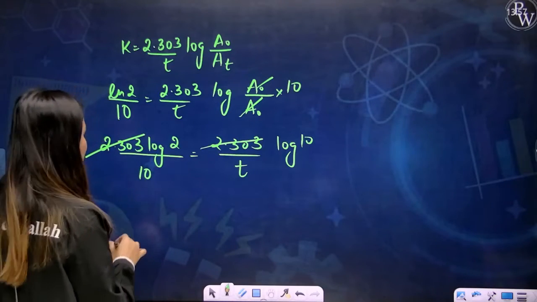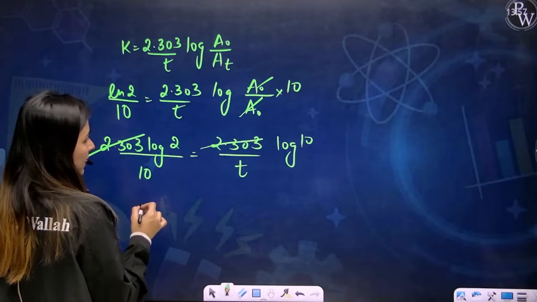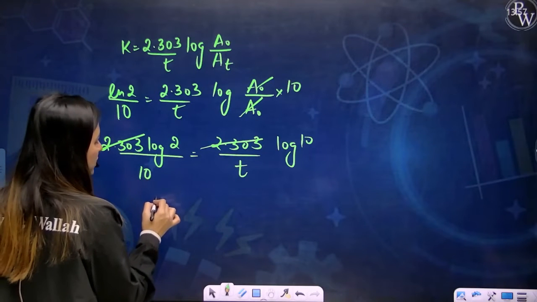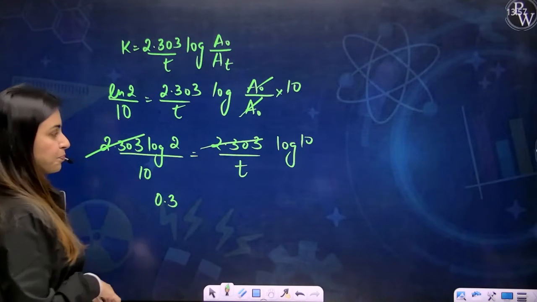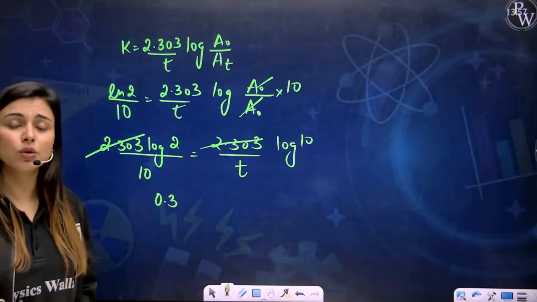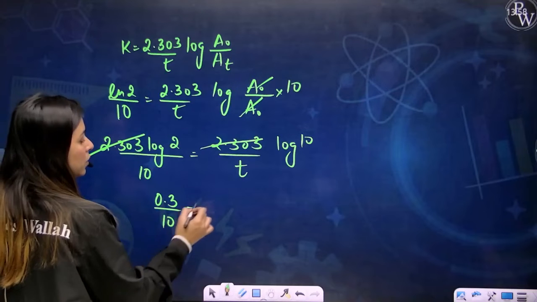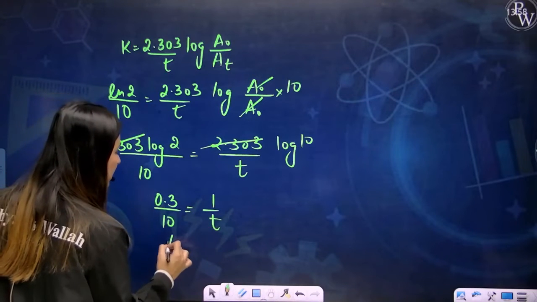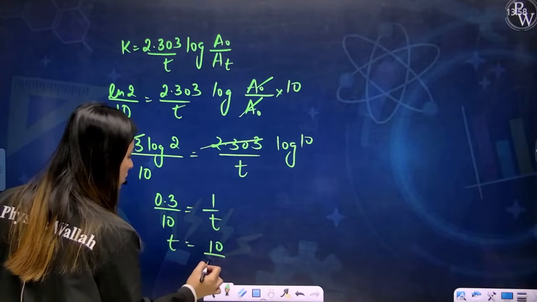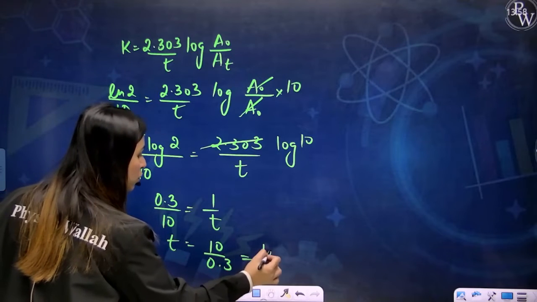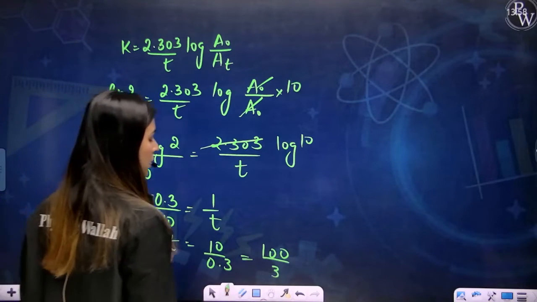I'll make you understand this also. Log 2 value is actually 0.3. So 0.3 upon 10 is equal to 1 upon T. So T is equal to 10 upon 0.3, which is equal to 100 upon 3.